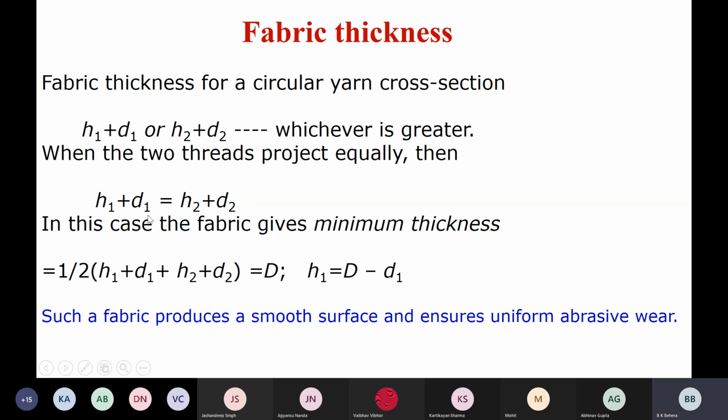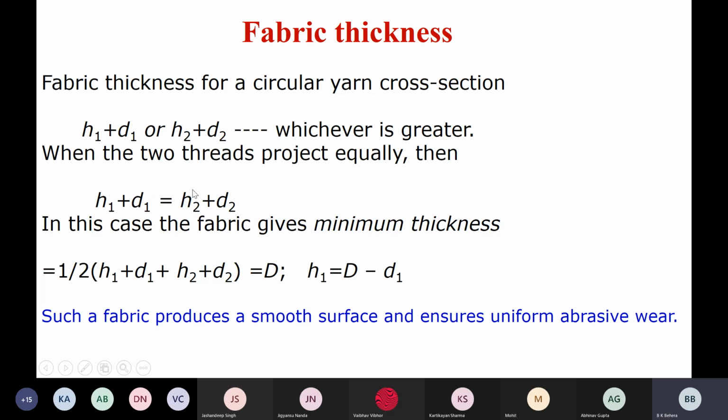But if H1 plus D1 is equal to H2 plus D2, in this case, the fabric gives minimum thickness. We are assuming yarn is a circle. They are just touching each other. That means it is not getting compressed. So we get minimum thickness only when H1 plus D1 is equal to H2 plus D2.